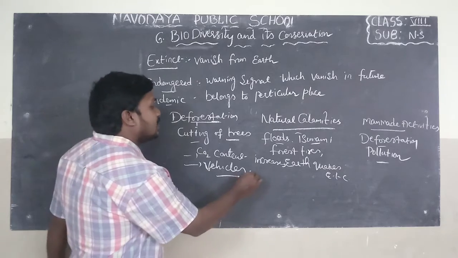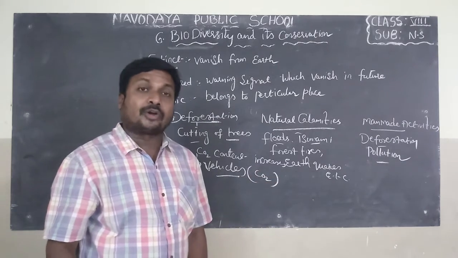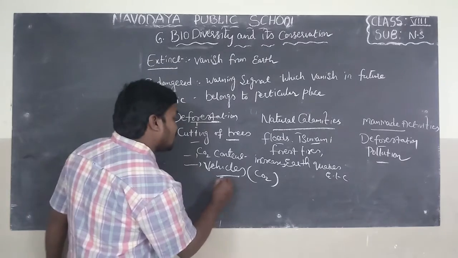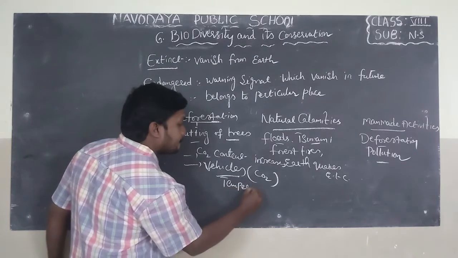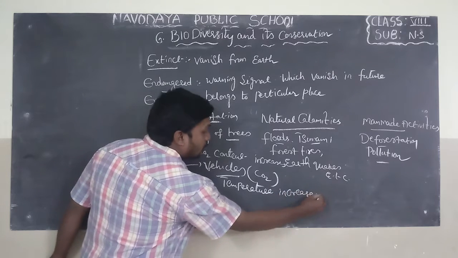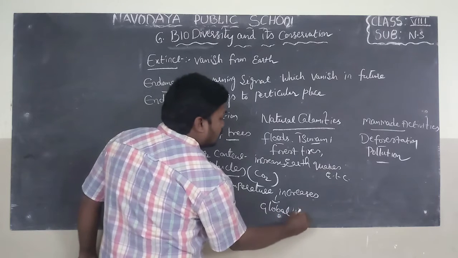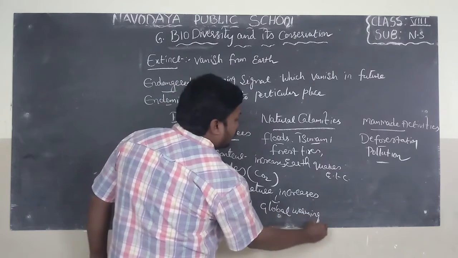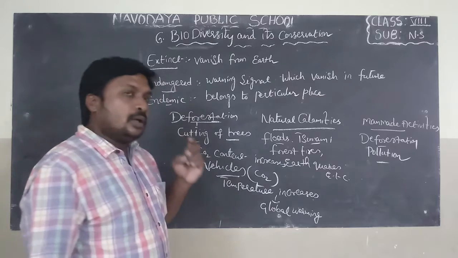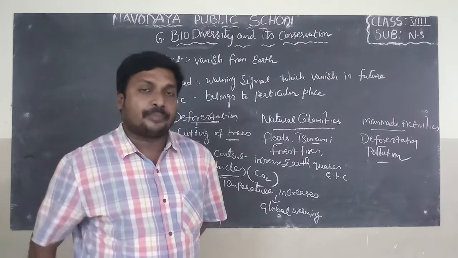Do you know vehicles also release carbon dioxide? When carbon dioxide increases, temperature also increases. This is called global warming. Do you know some amount of carbon dioxide plays an important role in the atmosphere?